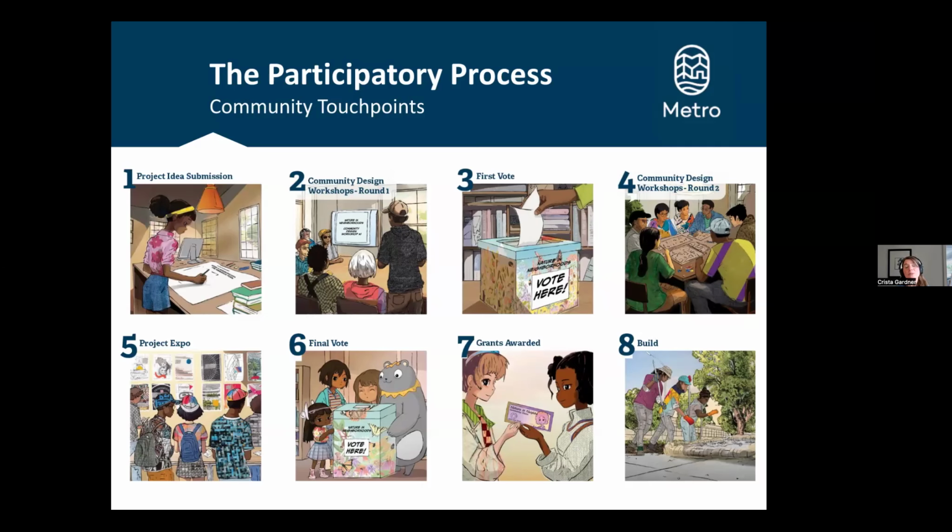So the participatory process follows some of the principal milestones of a typical participatory budgeting process due to the advocacy of participatory budgeting Oregon, including, like I was saying, the community-led program design by our program design and review committee, community-generated ideas, which in this graphic is number 1, collaborative project development, number 2 and 4, and community voting to recommend project funding in 3 and 6. Next slide, please.